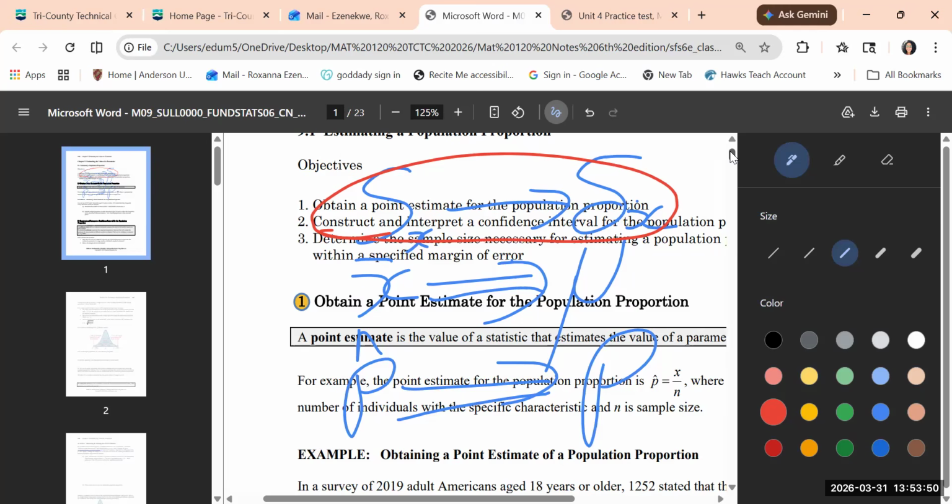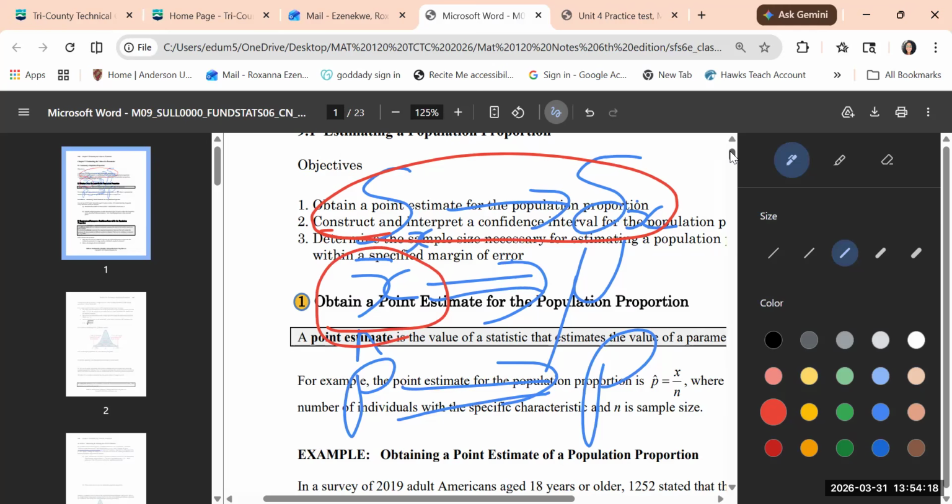Whenever you see p hat, it's a sample proportion, sample characteristic. When you see p, it is population proportion. Okay. P hat, sample proportion, p, population proportion. When we start doing mean of a population, the point estimate will be x bar.